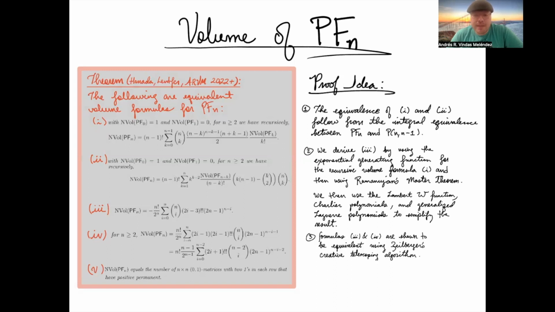And then we show that items 3 and 4 are equivalent by using Zeilberger's telescoping algorithm. And then items 4 and 5 are shown to be equivalent by Shevelev. And so one open problem is to find a combinatorial proof for item 5. That is still open.